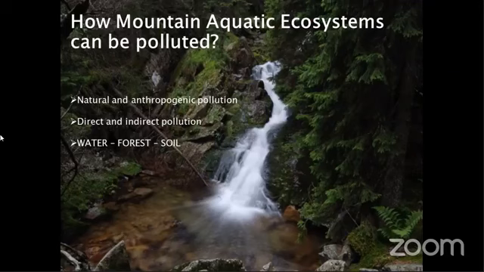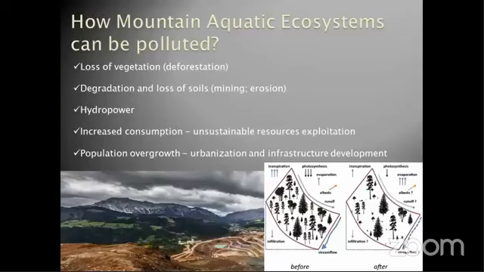It is a system of water, forest, and soil, which indicates that healthy aquatic ecosystems are strongly connected to healthy vegetation, actually forest, and healthy soil, which is related to the functions of water retention, water purification, reduction of water runoff, and a balanced water cycle in general.